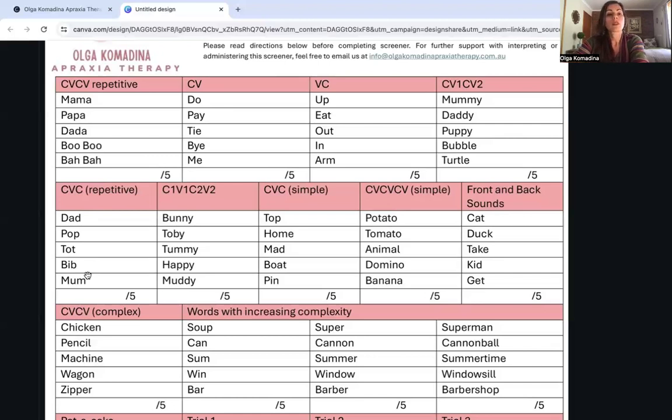Your child, when you're assessing them, might be having difficulty at this level. So they might be just saying da, ho, top. So we're going to check on that, and that might end up being a therapy target. And you wouldn't worry about incorporating CVC words where both consonants change until they've mastered this level.